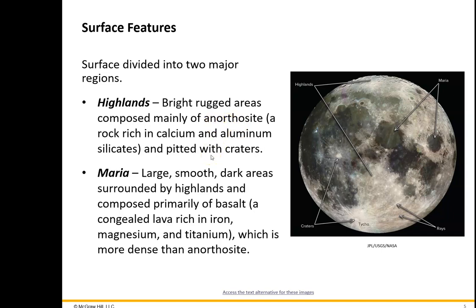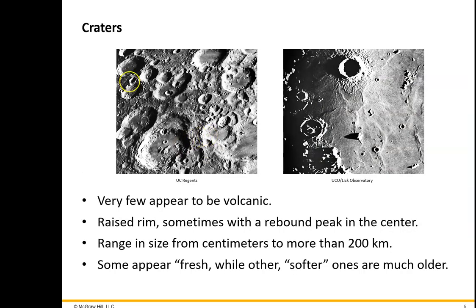All right, so I just wanted to make sure I straightened that out. So here, of course, are some craters that we find on the moon. It turns out that we don't think a lot of them are volcanic. These are all impact craters, almost all of them.